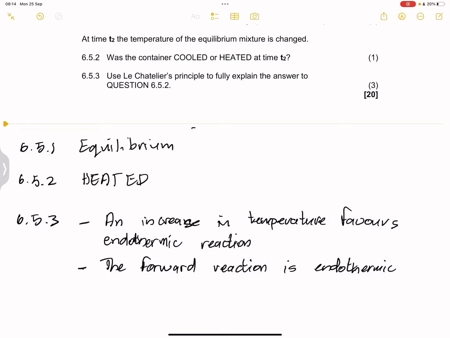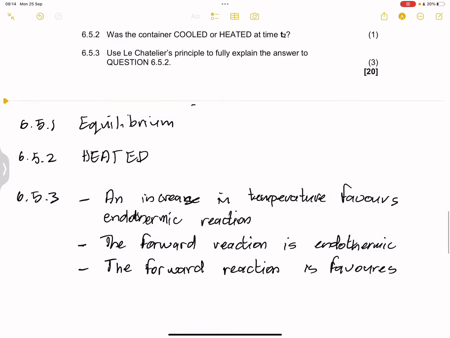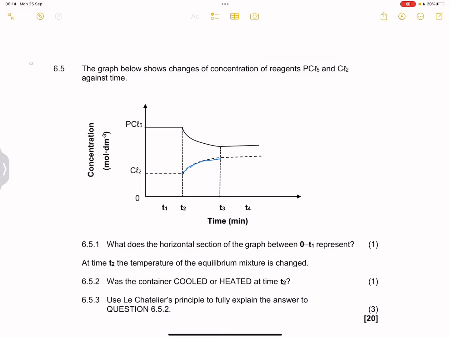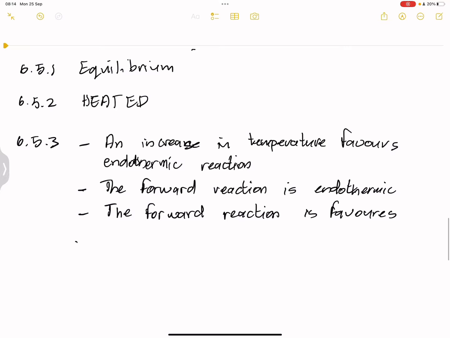And therefore the forward reaction is favored. And so as a result, we see thereby an increase in the concentration of Cl2. All right, so therefore definitely the reaction was heated. All right, so that is how this cookie crumbles, ladies and gents.